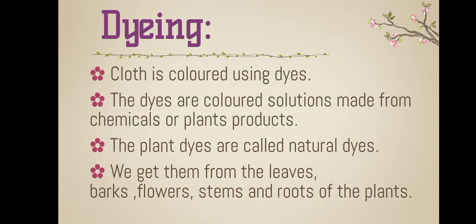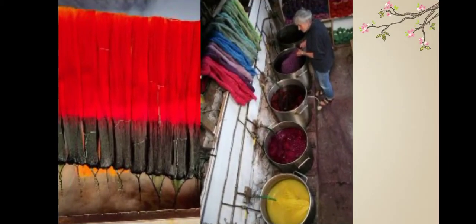The plants whose colors are used to dye any cloth and give it a different color, that is called the natural dyes. We get them from leaves, barks, flowers, stems and roots of the plants. Now we are going to see about the dyeing.